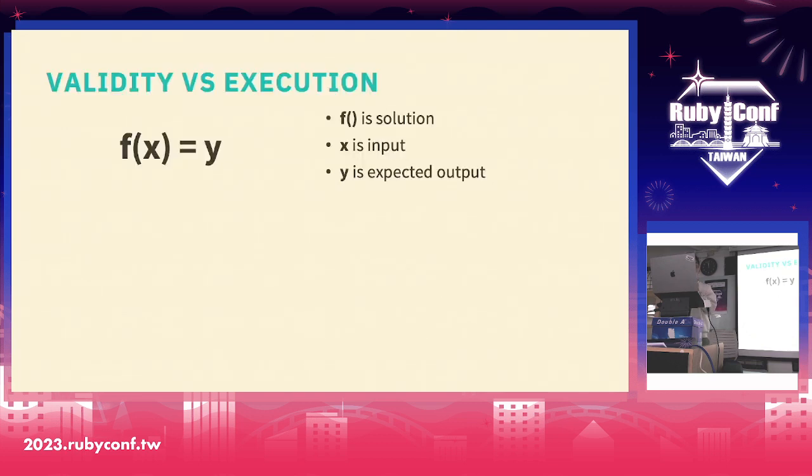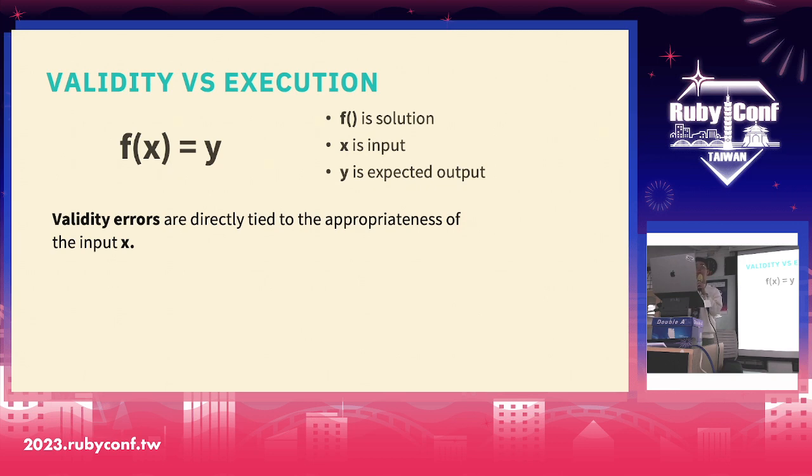Then we come to the concept of validity and execution errors. A validity error is when the input does not meet the business rule requirement to perform the operation, or the input does not conform to the valid criteria for the problem.